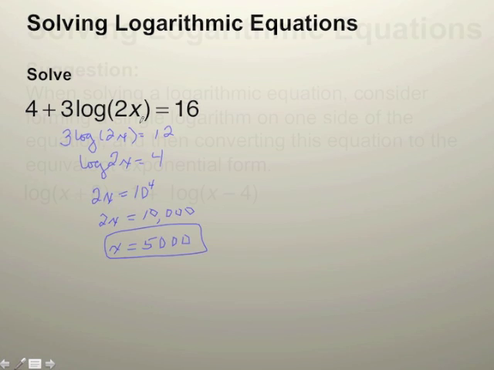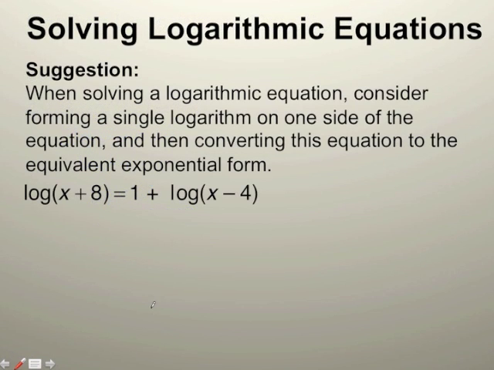And I'm okay. Now in this case, we happen to have 2 logs in this function. And it says, when solving a logarithmic equation, consider forming one log on one side and then converting it to the equivalent exponential form. Well, to get these all on one side, I'm going to subtract the log of x minus 4 from both sides.